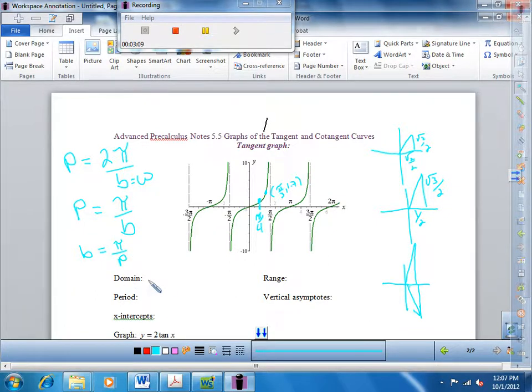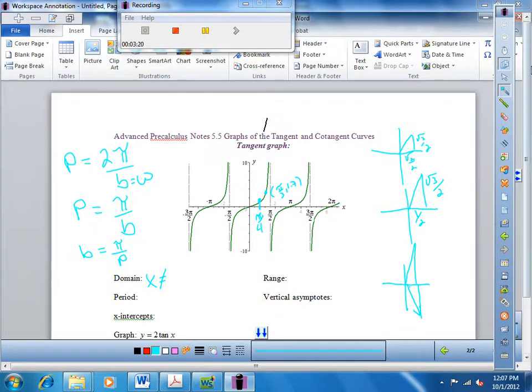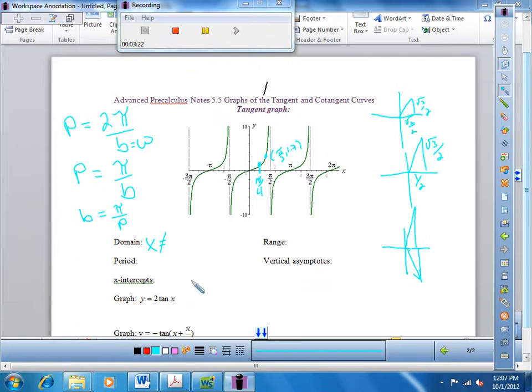So the domain of this is just x is not equal to pi over 2 plus pi k, where k is an integer, okay?